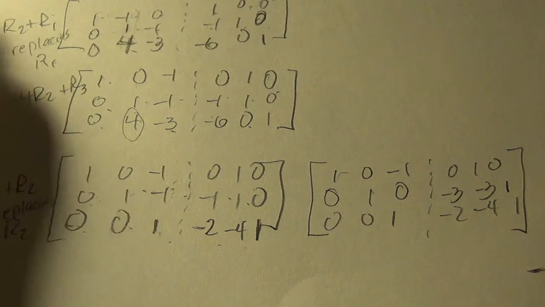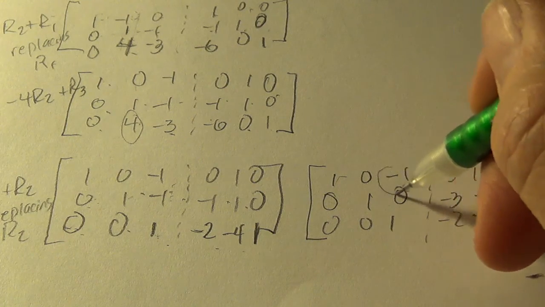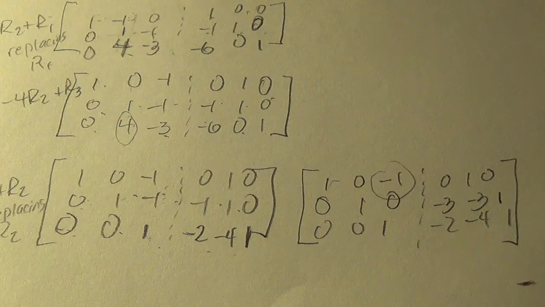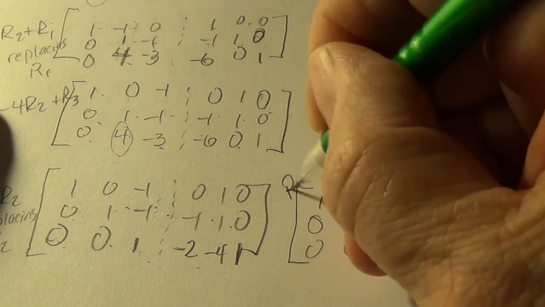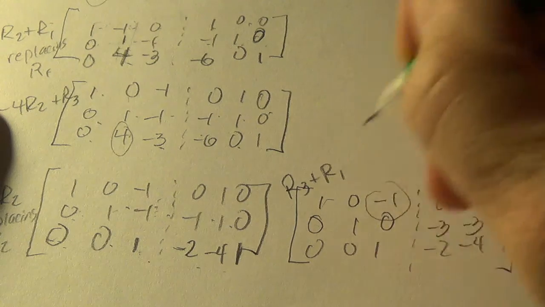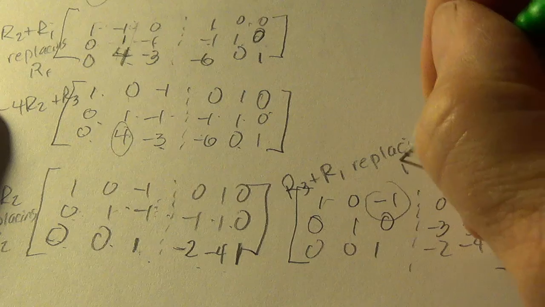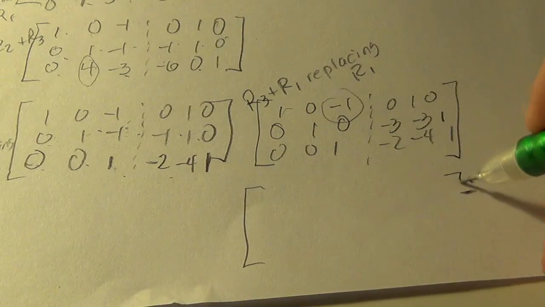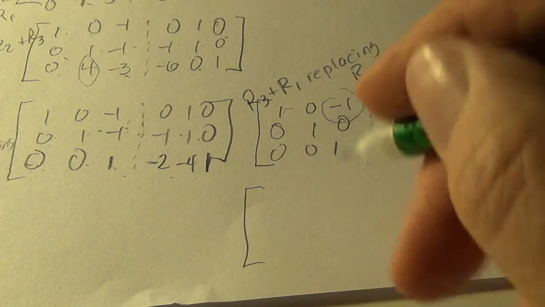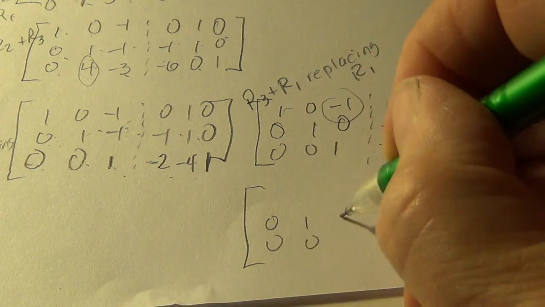Hope I haven't made a mistake. There's only one element left, and if I add row 3 plus row 1, replacing row 1, I should be done. Let me write in row 2 and 3. They won't be changed.